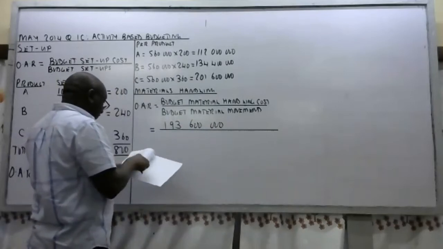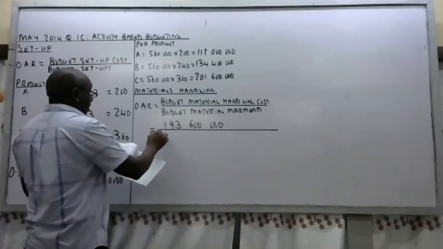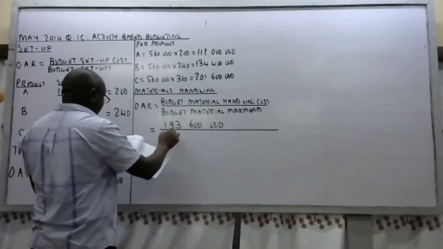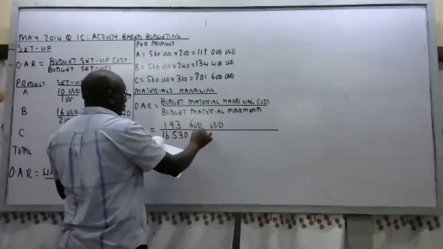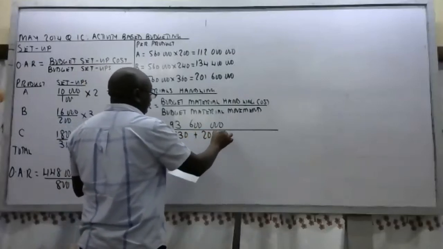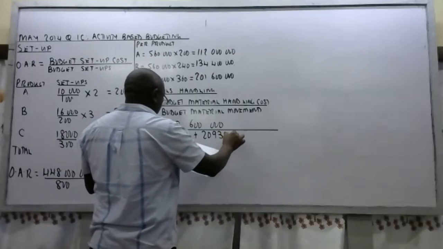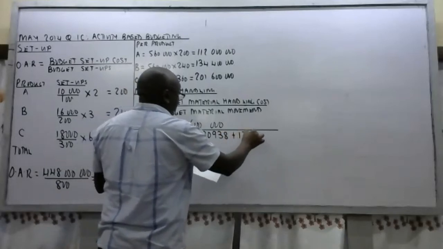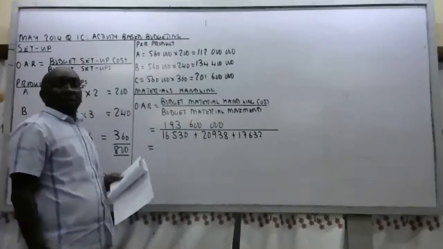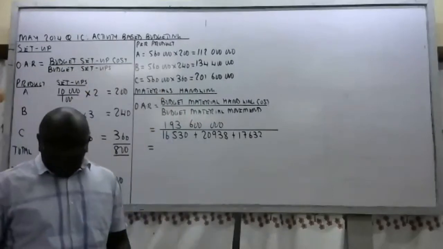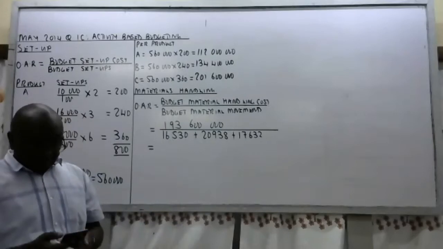You are supposed to divide it by 16,530 plus 2938 plus 17,632. So divide that and let me know the answer.